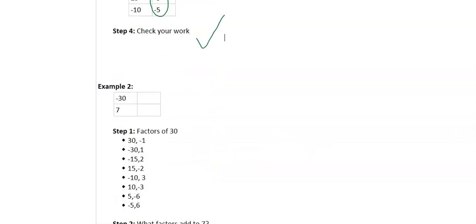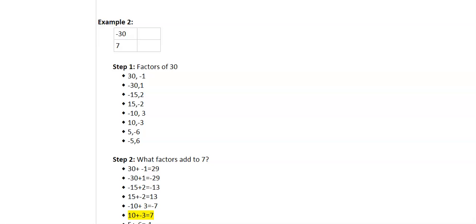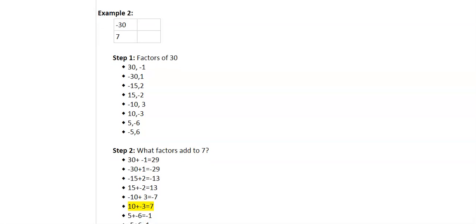Here is another example. We have -30 in our top left and 7 in our bottom left. So I want to start out by figuring out the factors of -30. Factors of -30 is what we should have here.